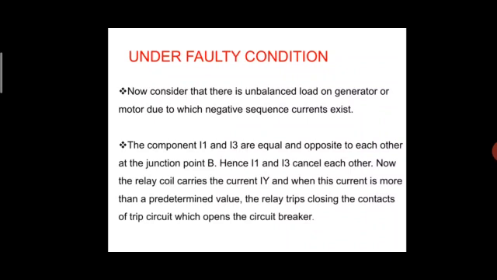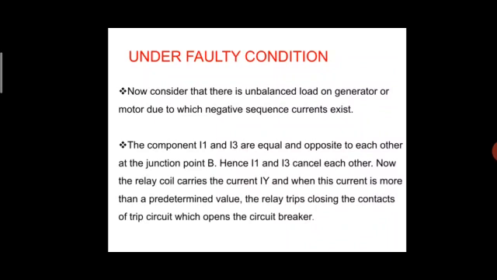The components I1 and I3 are equal and opposite to each other at the junction point B, hence I1 and I3 cancel each other.